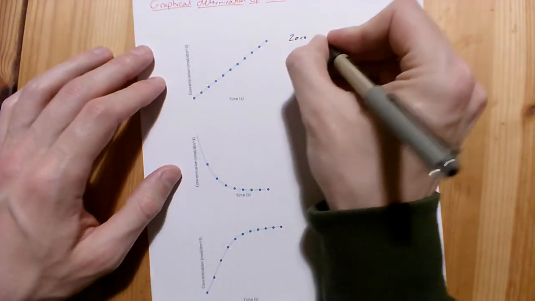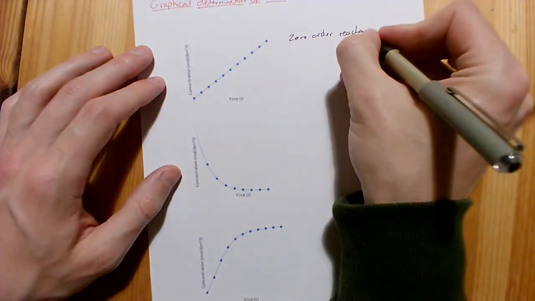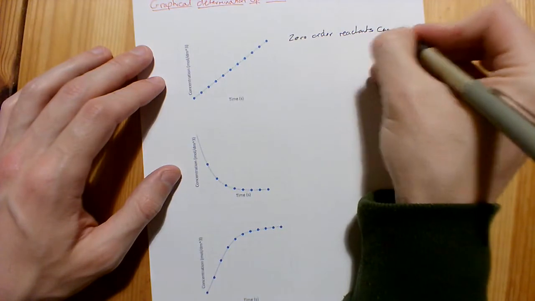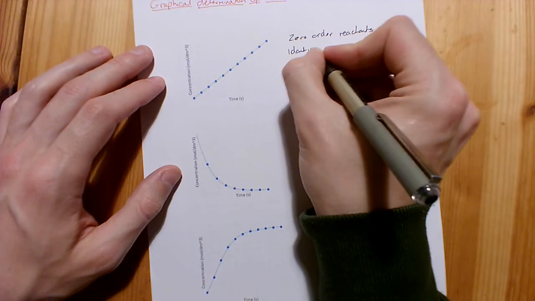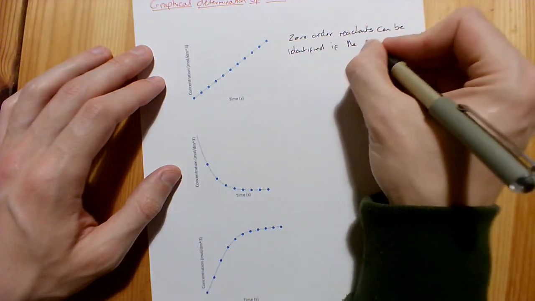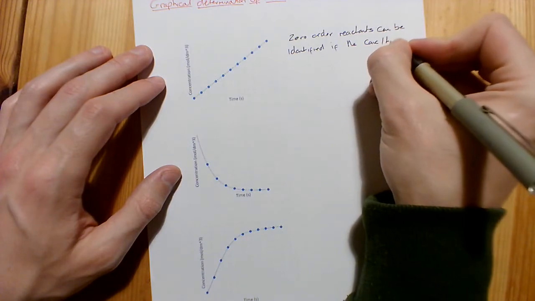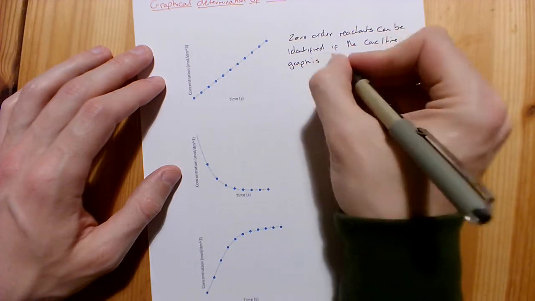So zero order reactants can be identified if the concentration time graph is linear.